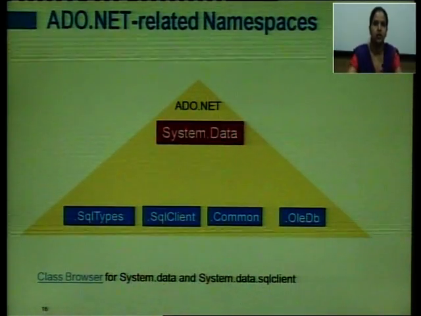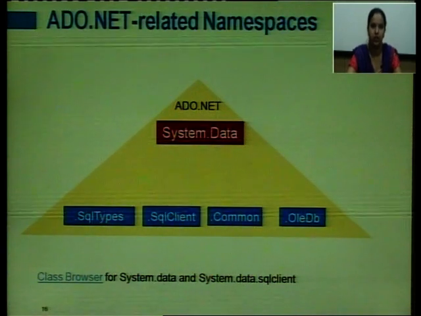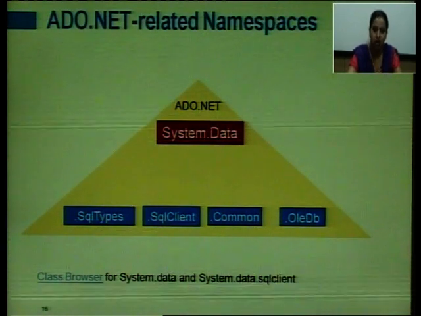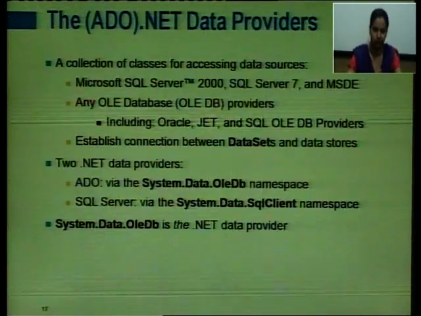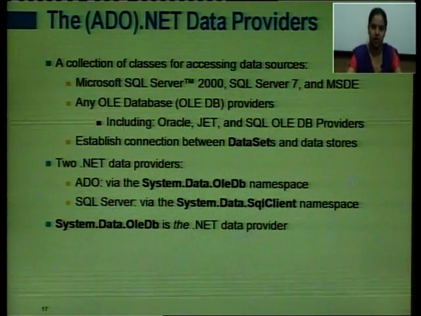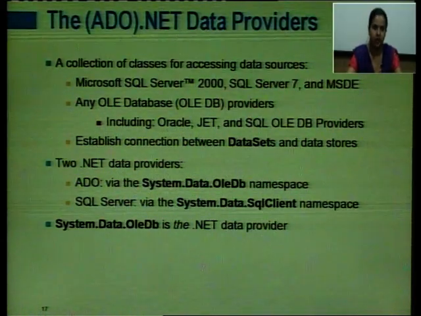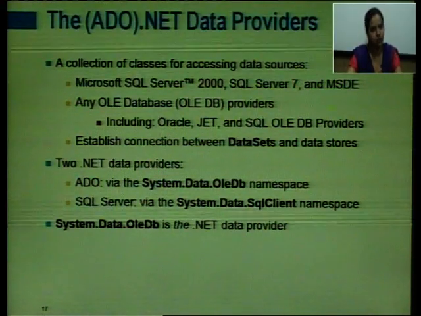Here you see more of the namespaces which ADO.NET includes: the SQL types, SQL client, common and the OLEDB. The first is the ADO.NET data provider. The data provider is a collection of classes for accessing data sources.